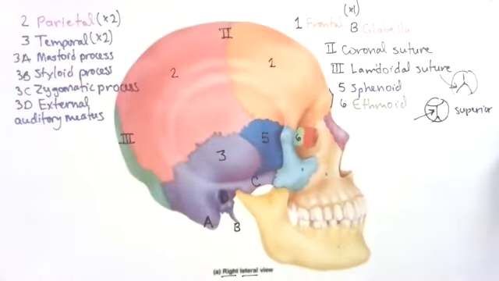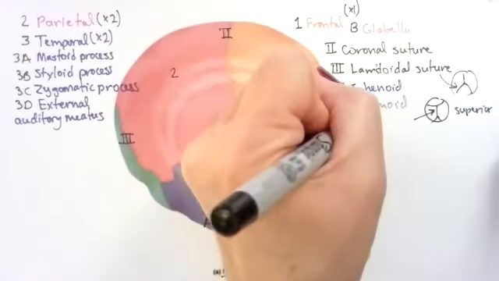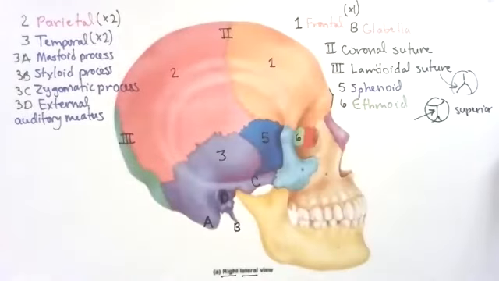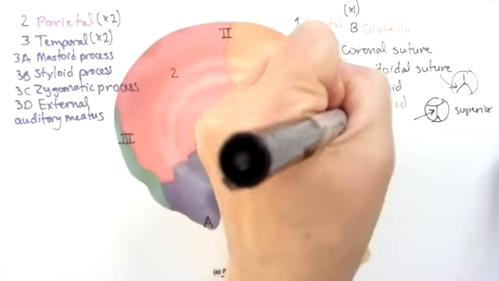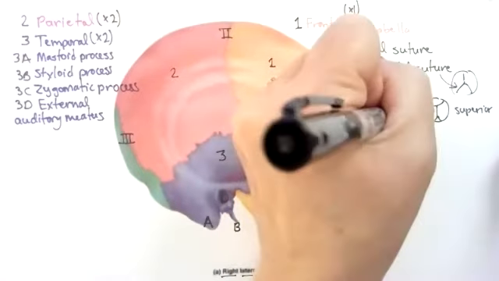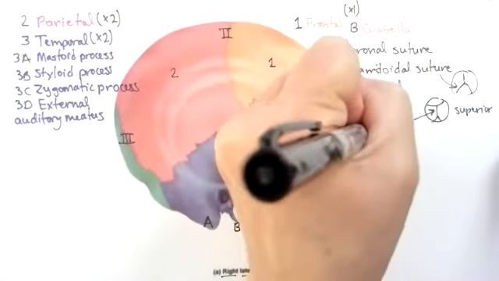So we probably should have put this next to parietal, but let's just go ahead and do that now. This is number 1. This is the suture we can't see. We call this the sagittal suture.